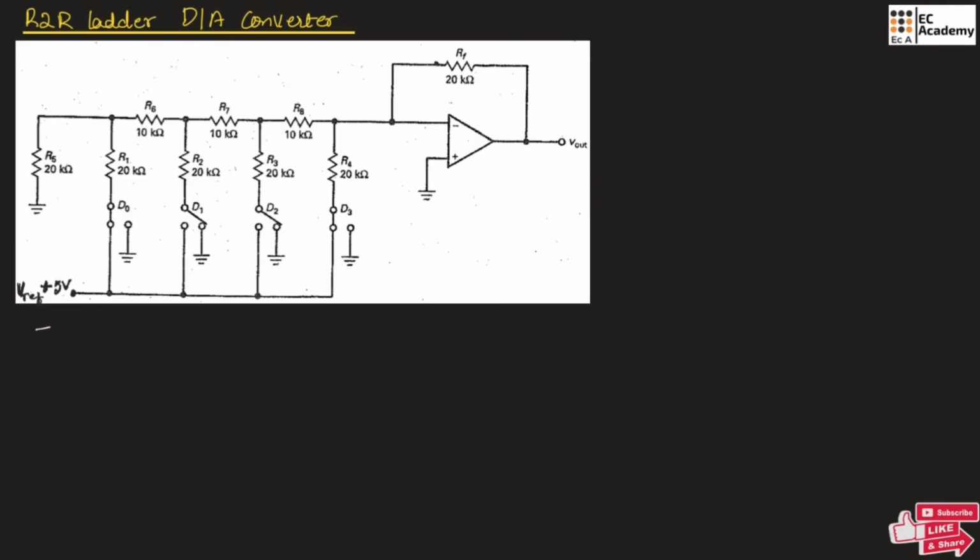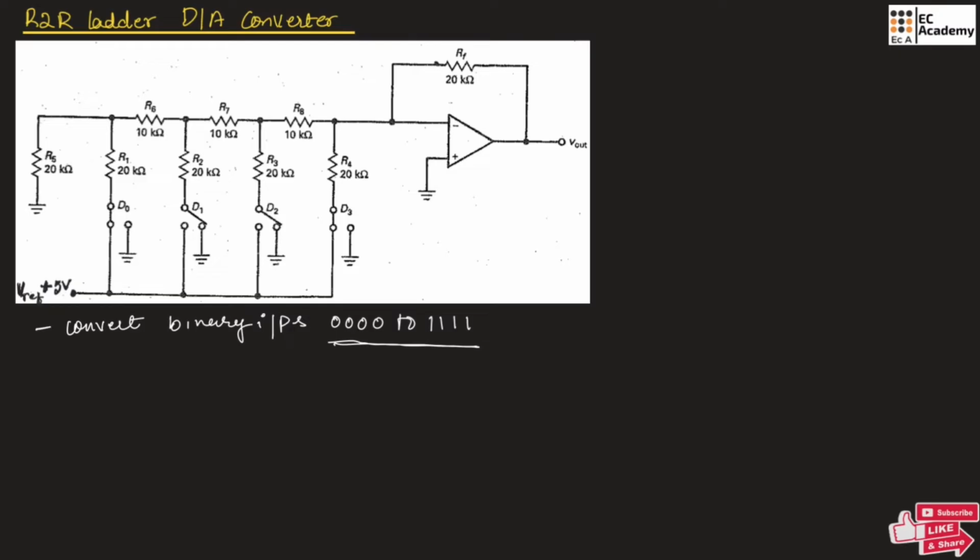So this network will convert the binary inputs 0000 to 1111. Since there are 4 switches, we will have 16 combinations of the input from 0000 to 1111.